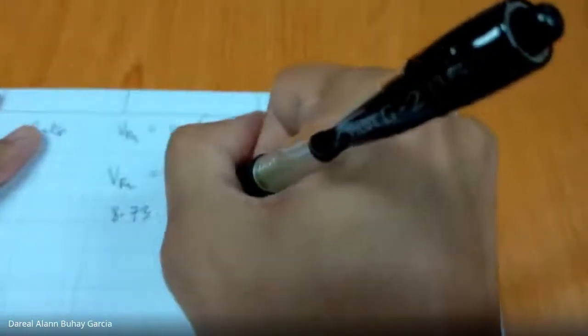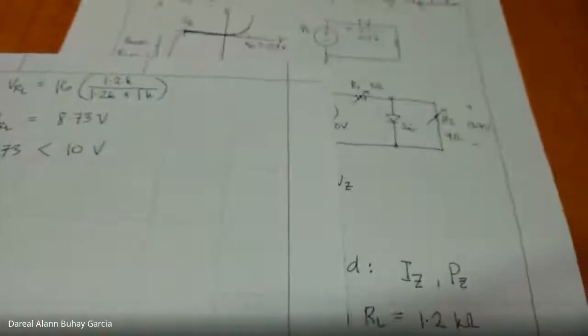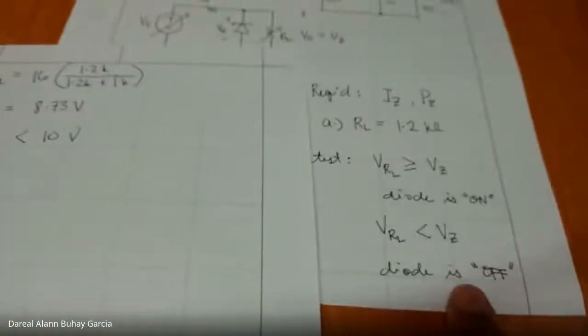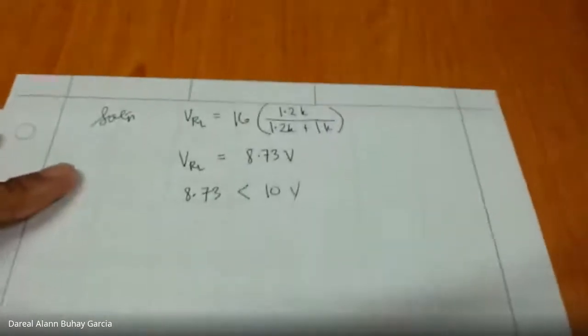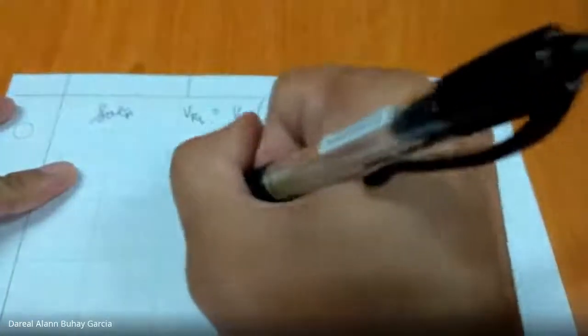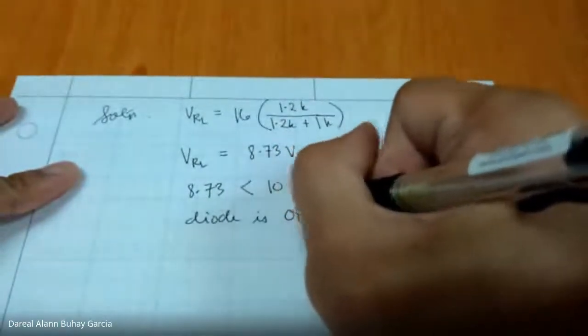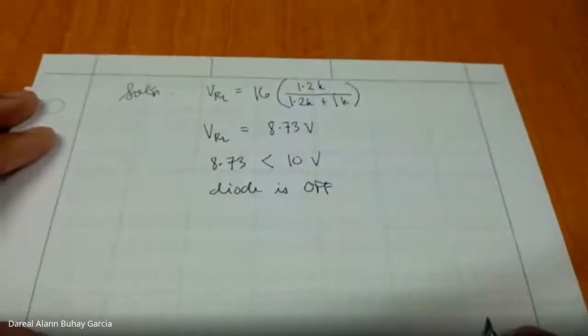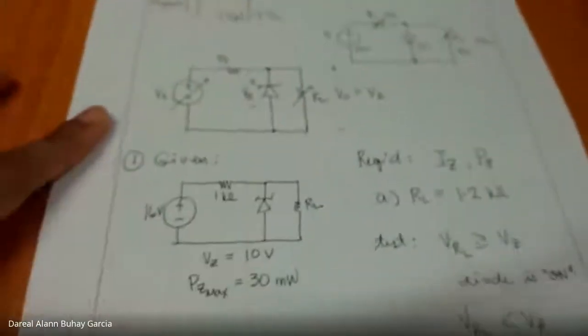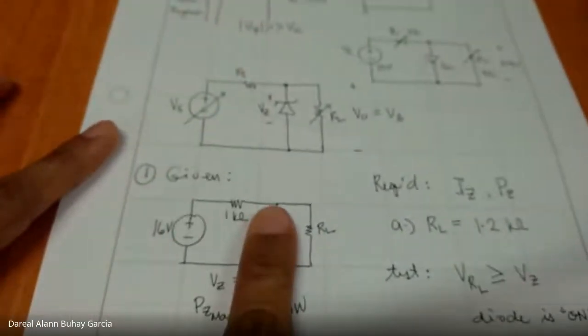So 8.73 volts is less than 10 volts, no? So if less than, diode is off. Okay. So we can conclude, dili pa lang daan, that our diode is off. So ano natin mabuhat ana? No? Mara lang siya og regular circuit nga wala si Zener Diode sa tunga.